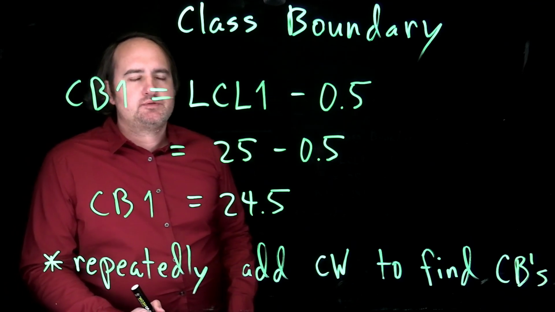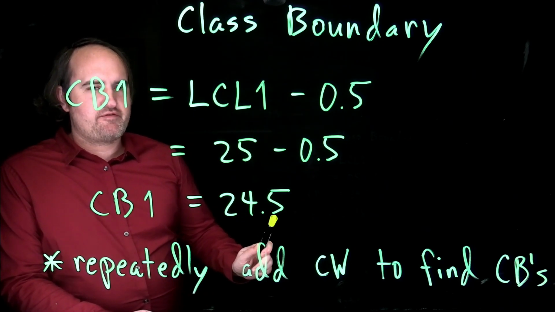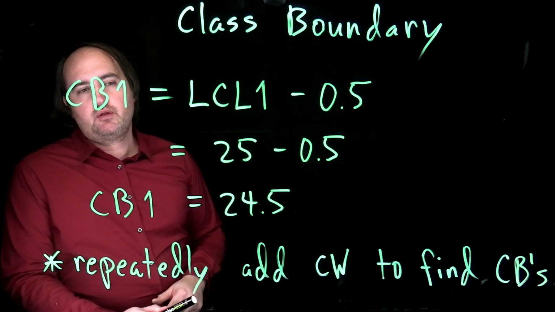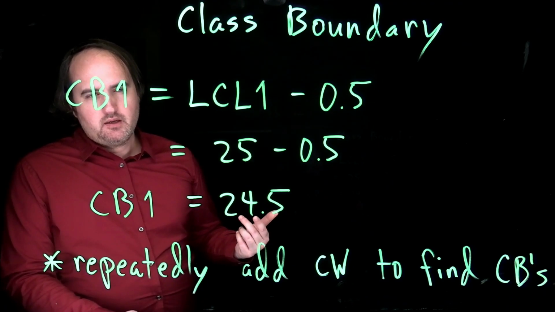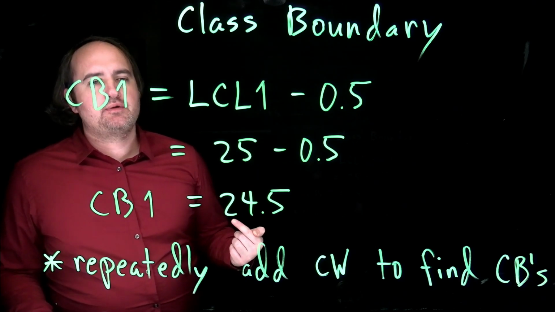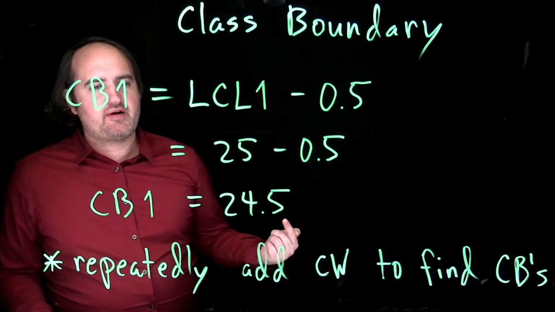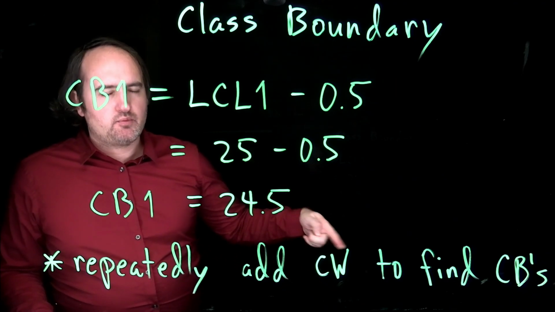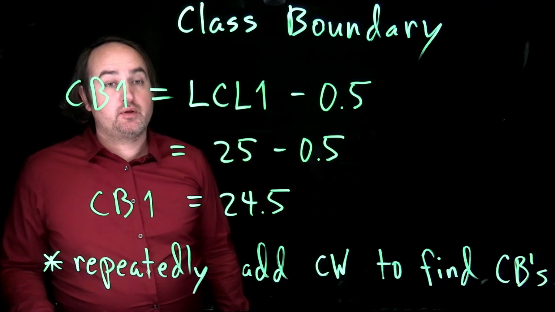So here, we start with 24.5, and then on this problem, remember that the class width was 5. So on our calculator, we're just going to be doing 24.5 plus the class width of 5, and then we'll just keep adding 5 to fill in all the boxes.